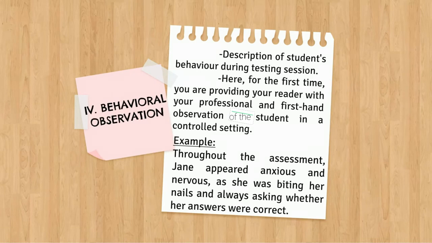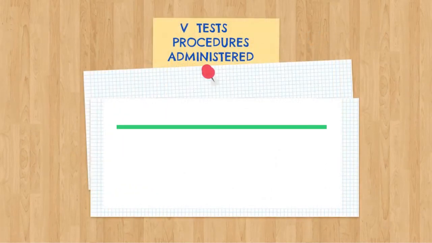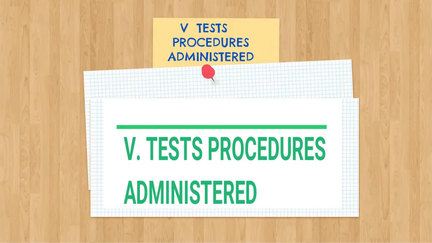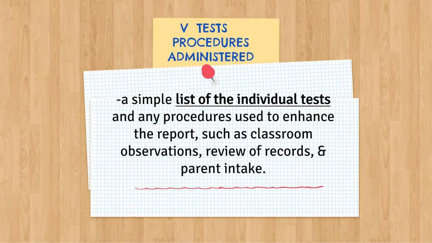So the fifth section in the report format is the tasks and procedures administered. Tasks and procedures administered is a simple list of individual tasks and any procedures used to enhance the report, such as classroom observations, review of records, and parent intake.